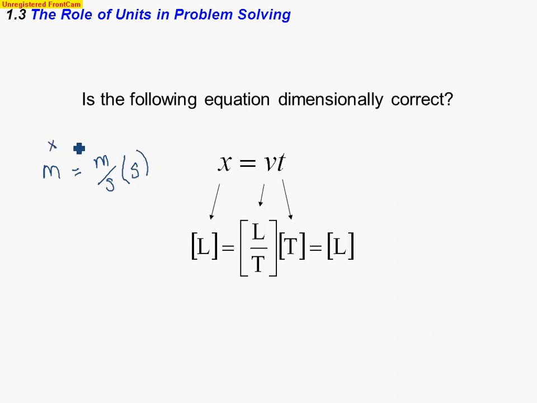So this was our x, this was our v, and this was our t. So now this s cancels out with this s, and both of them go away. We wind up with meters is equal to meters. And the world is happy again. Meters equal meters. So that means that this equation is dimensionally correct. This could make sense.